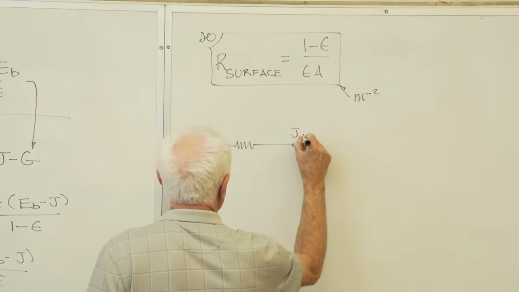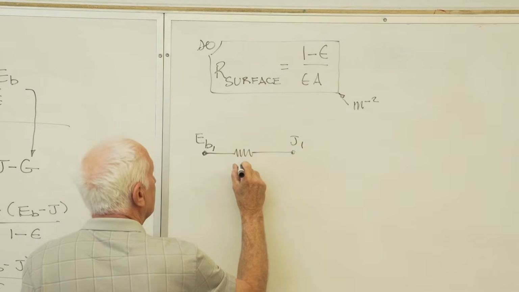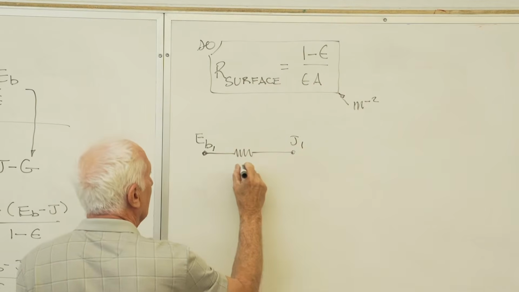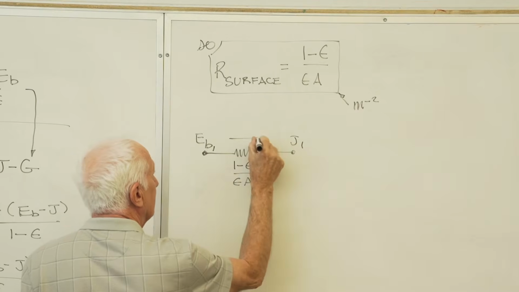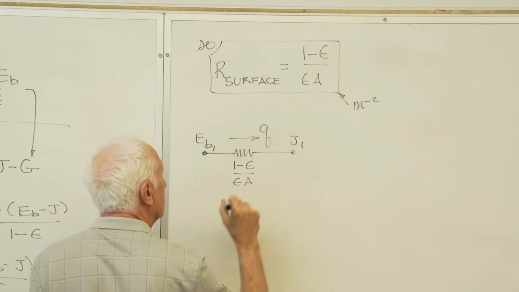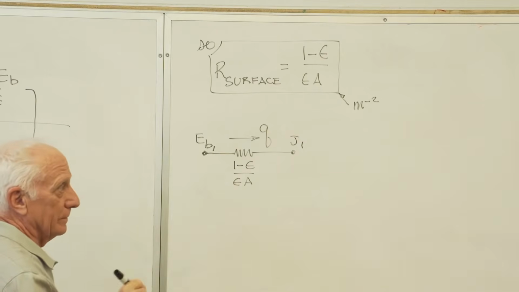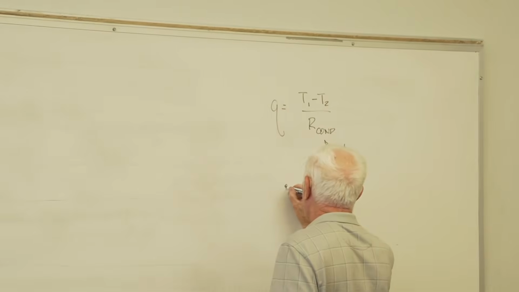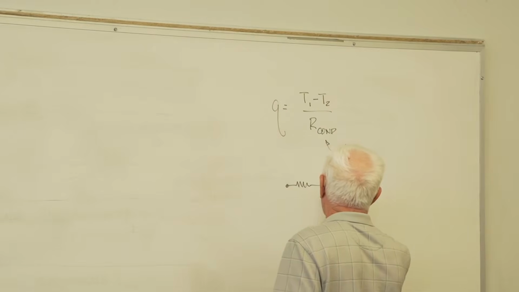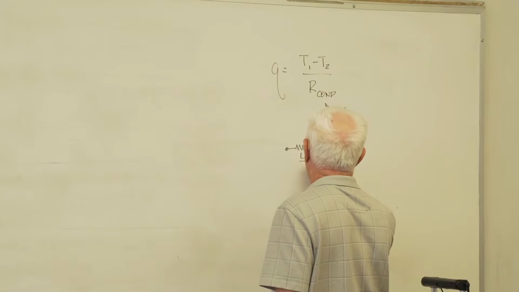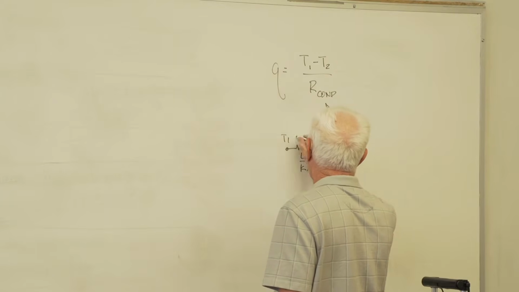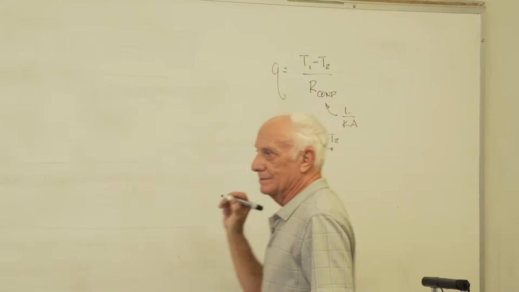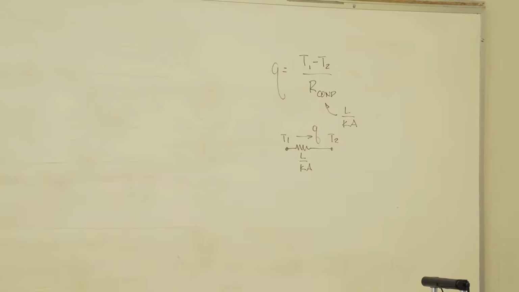If you want to write it similar to what we did in chapter 3 for conduction, it looks like this: E_b1, J1, and the resistance 1 minus epsilon over epsilon A, and this is Q. Over here, we had the one for conduction. They look similar, but of course they're totally different.